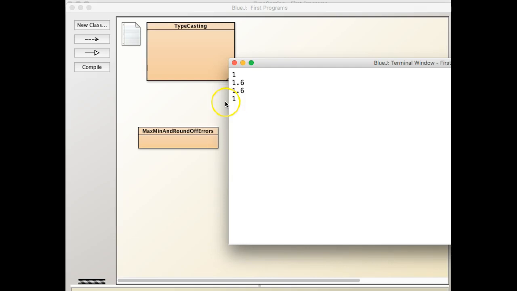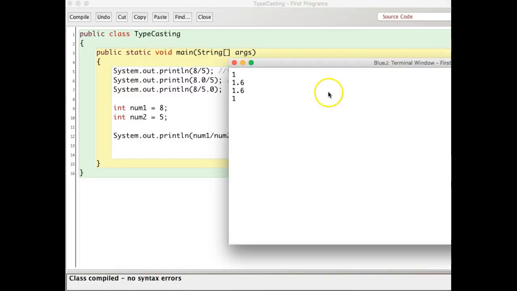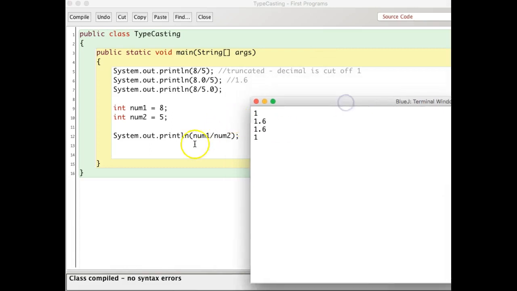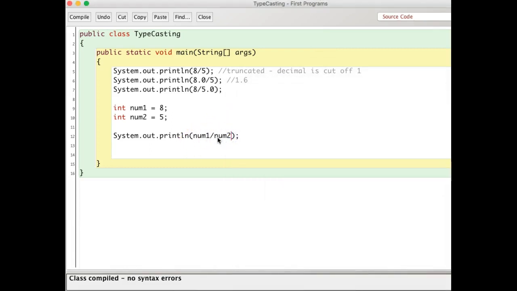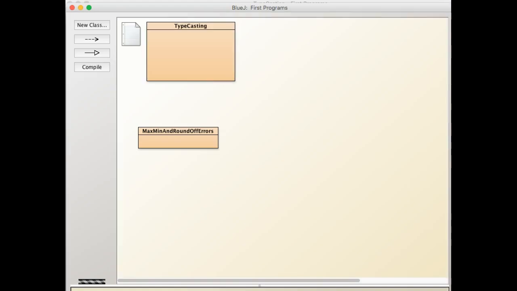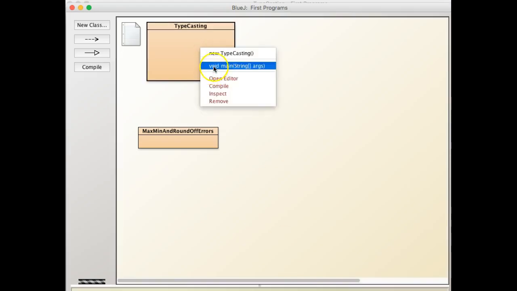So that's the last one that we just did, 8 divided by 5. Okay, so that last one is just plain old 1. Now if I flip it around, which I feel like doing now because this is the biggest problem when you're doing computations, is when you do a small one divided by a big one, and you know you want the decimal, but you just forget to typecast.